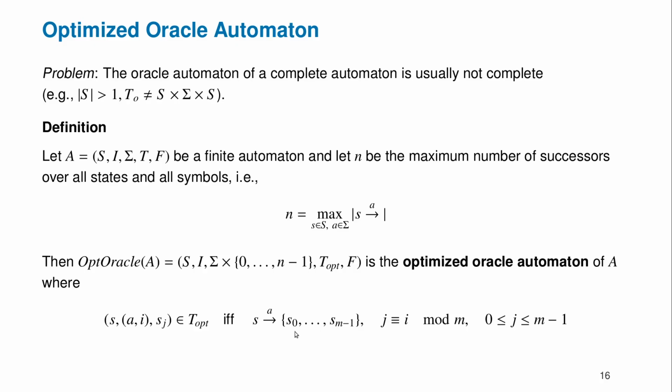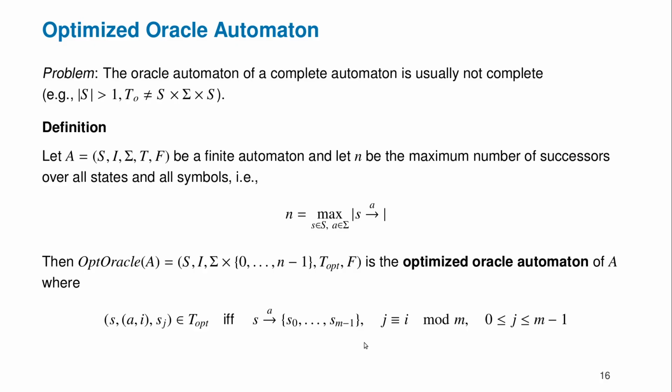Yeah, we again start with 0, and we also know that m is smaller than n because n is the maximal number of an A successor, so m is smaller.